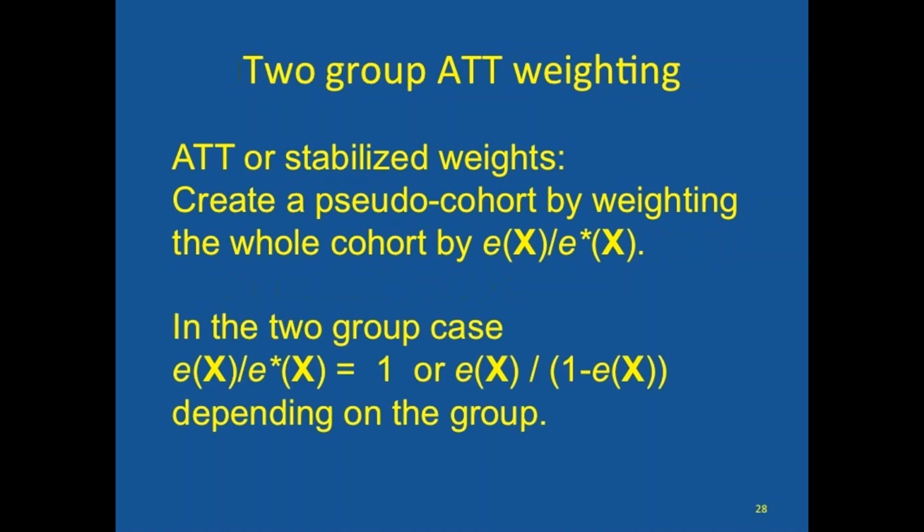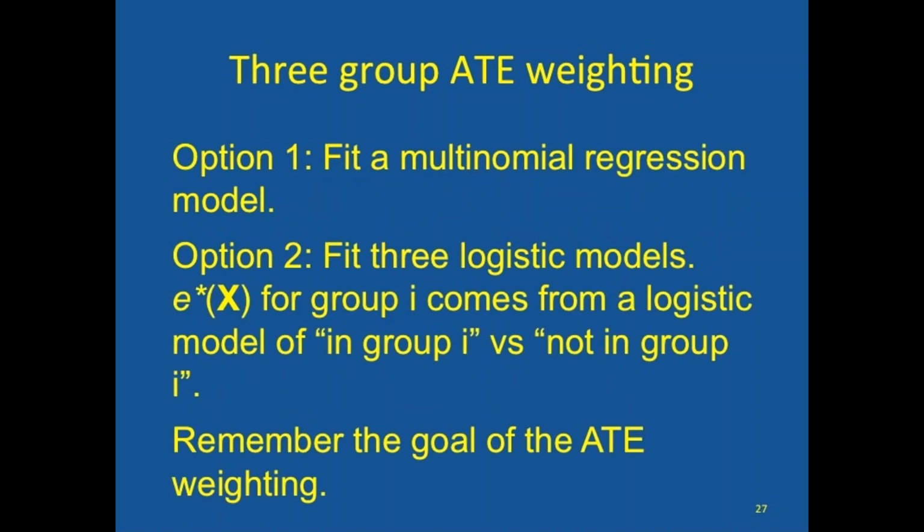Yeah. For the 3 groups, when you do the option 2, or you fit 3 logistic models, under the ATE, it's not 3 treatment groups, not A, B, C, but in group I, A, versus not in group I, which means B and C. Exactly.